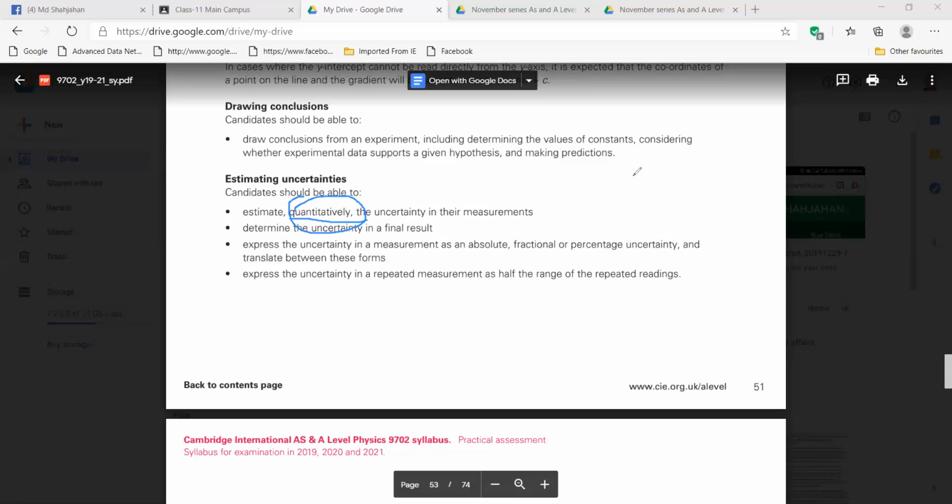Just from the physical appearance you are explaining one thing, that is called qualitative. But if you are measuring the gradient of a graph, or getting the values of the y-intercept, those are quantitative values. Clear?